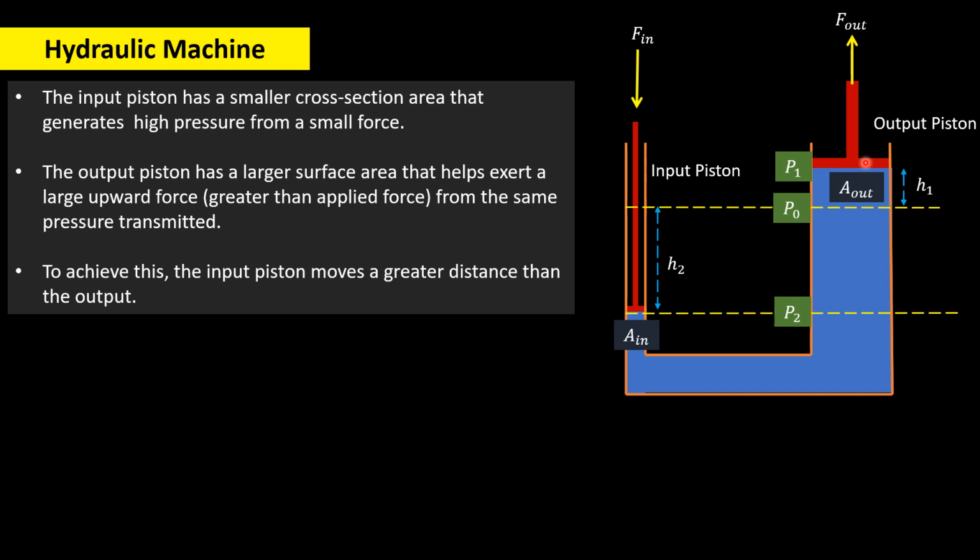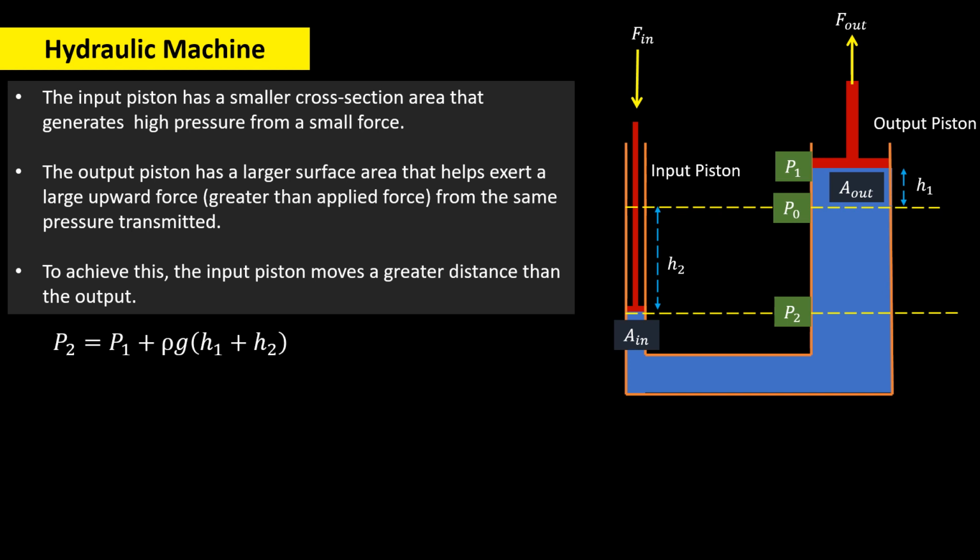So to achieve this, we are saying that the input piston moves a greater distance than the output. If you look at the input piston, it has moved from this point P0 to P2, which is represented by H2, while the output piston has moved from P0 to P1 as represented by H1.